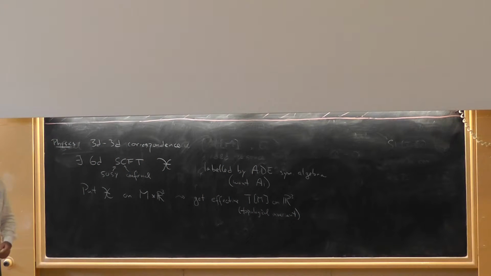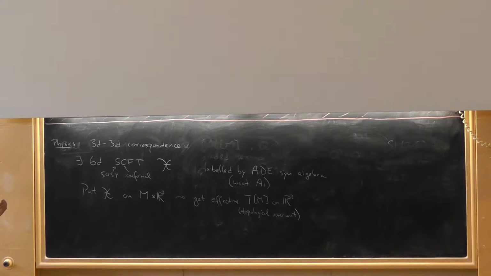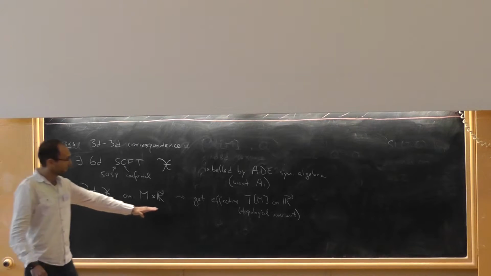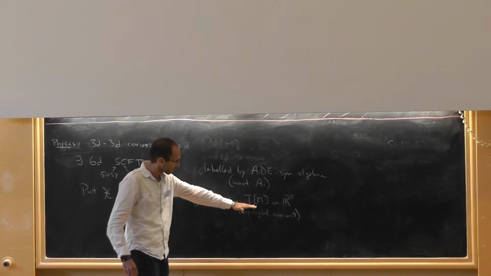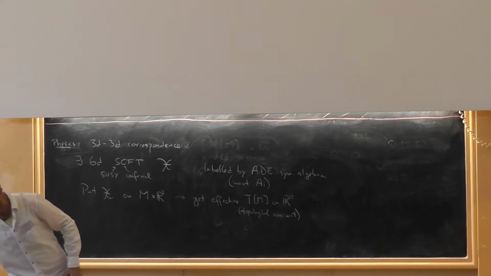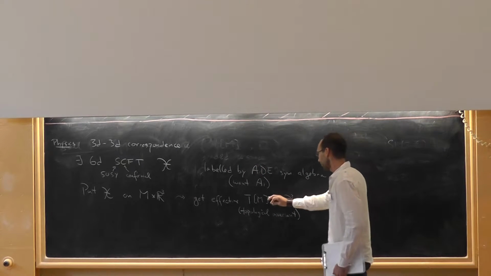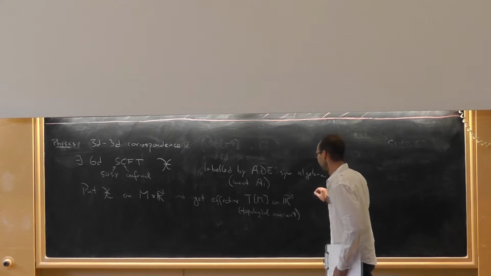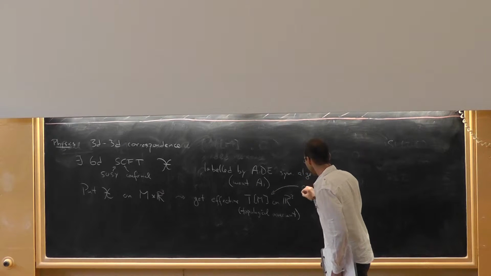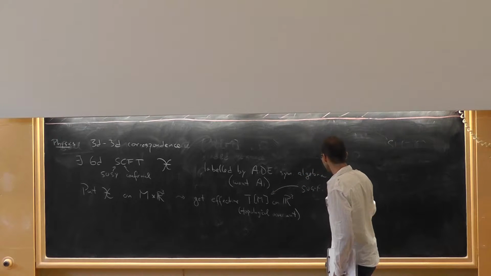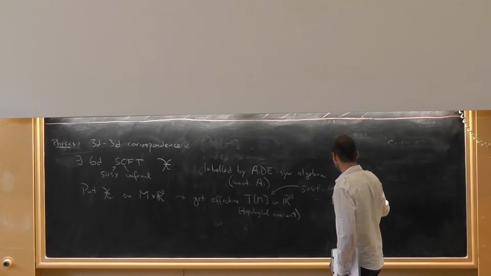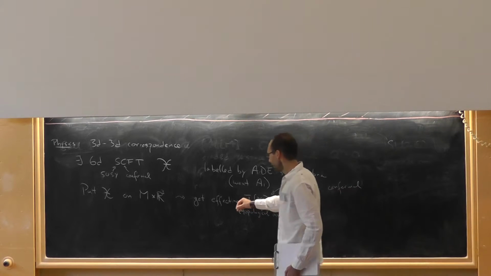So one gets something like a TQFT that assigns to M not a number, but an entire quantum field theory. And this is supersymmetric, so again, this T of M is not topological. The T of M is supersymmetric and conformal.